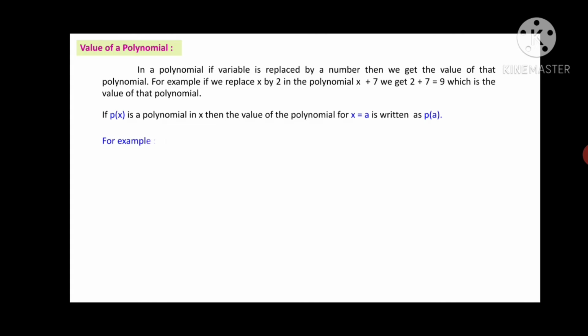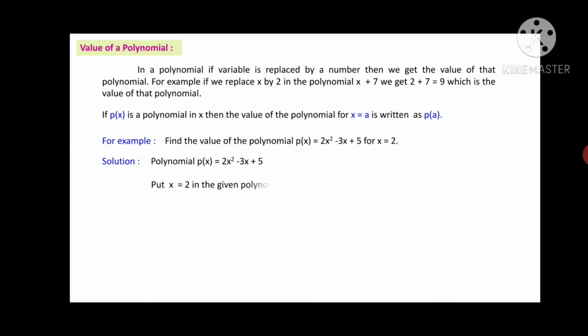For example, let us find the value of the polynomial p of x equal to 2x square minus 3x plus 5 for x equal to 2. So the solution will be: polynomial p of x is equal to 2 into 2 square minus 3 into 2 plus 5, as x is replaced by 2.